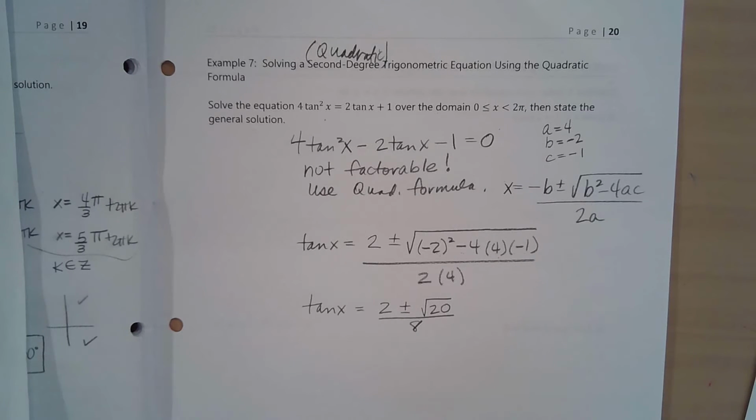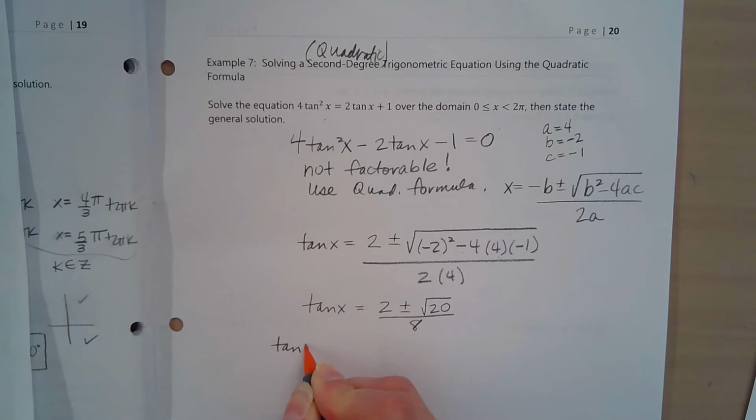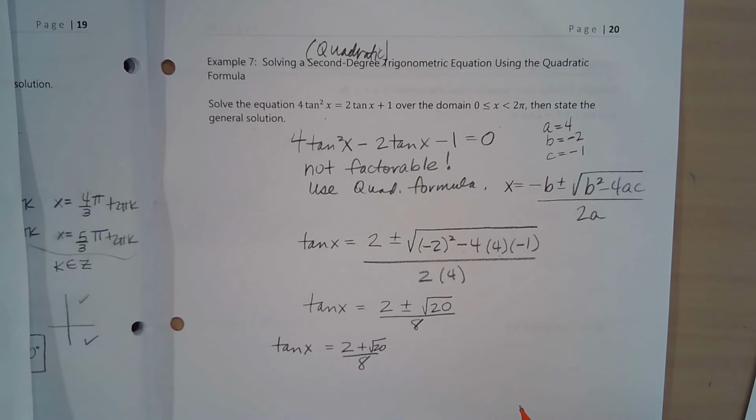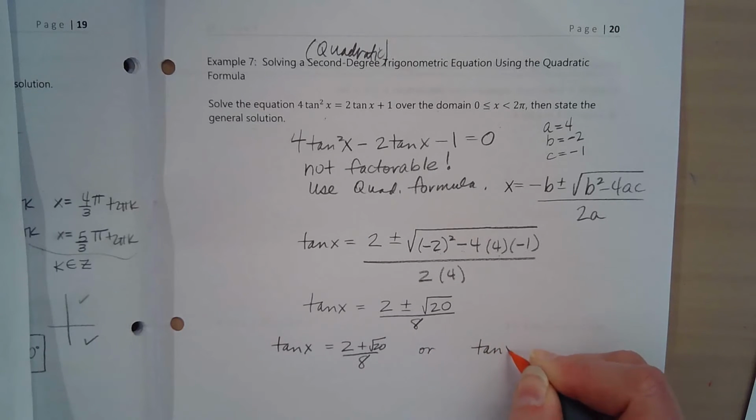Now at this point, without a calculator, you wouldn't be able to solve this question, so we'll assume that we have a calculator with us. So tan of x is going to equal 2 plus root 20 over 8, and I'm not worried about simplifying because I'm going to pick my calculator up anyway. Or tan of x equals 2 minus root 20 over 8.